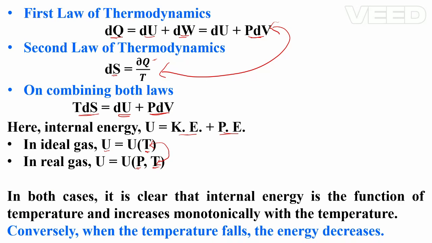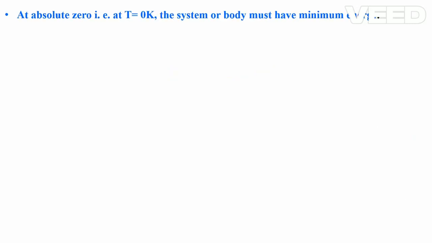Conversely, when the temperature falls, the internal energy decreases, whether the gas is ideal or real. At absolute zero, that is, temperature equal to 0 Kelvin, the system must have minimum energy.